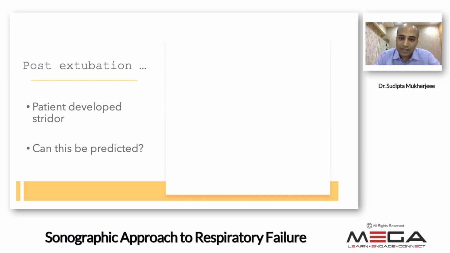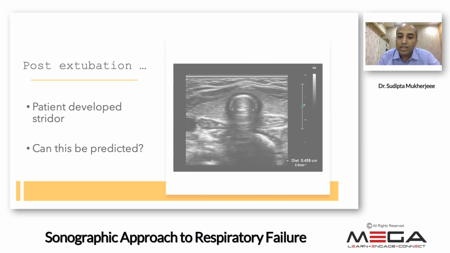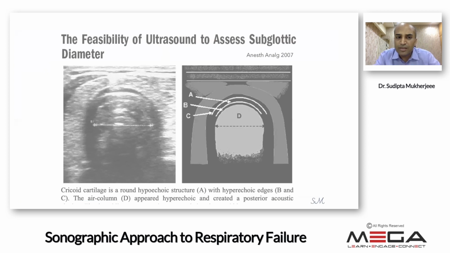So now, in a certain situation, we can measure the subglottic area with ultrasound and decide what should be the size of the tube. It is more important in pediatric patients because the subglottic is the narrowest part, but this can be used in adult patients also, specifically in high risk patients, or someone who has underlying lung pathology.